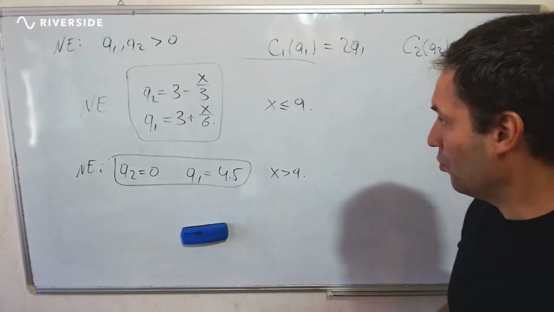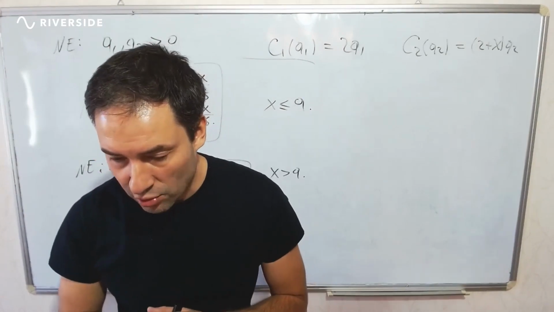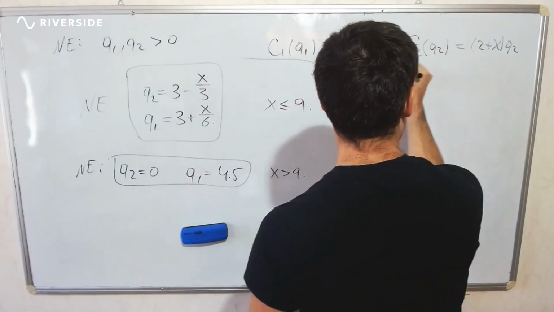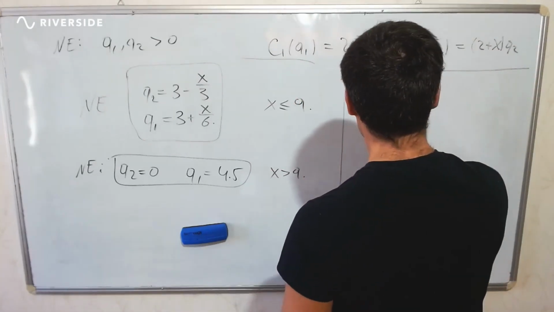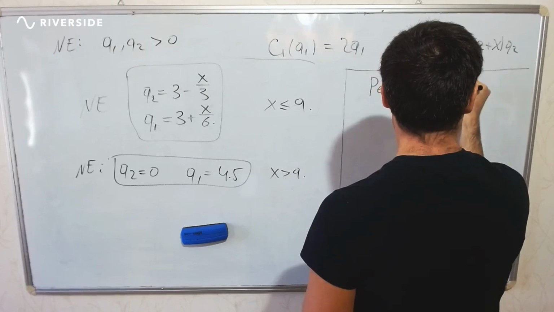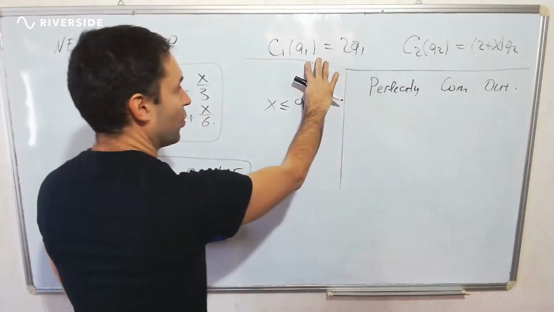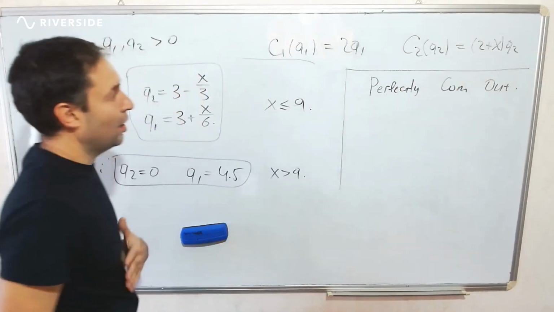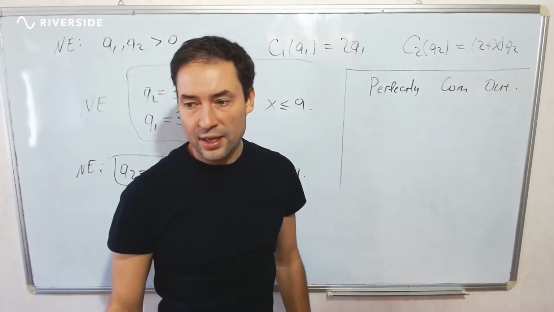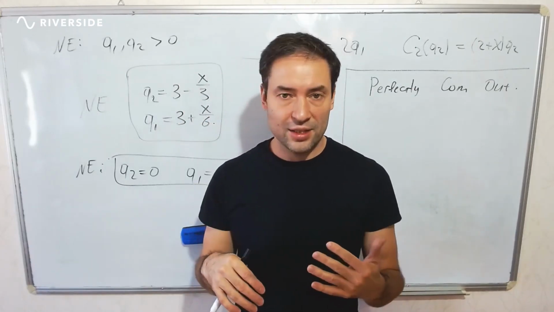One other thing we need for solving this question is the perfectly competitive outcome, because we will be comparing the Cournot model to perfect competition. Here it's very easy. You have two firms, and one of them is efficient. The other one, for any parameter x, is not efficient unless x is 0.